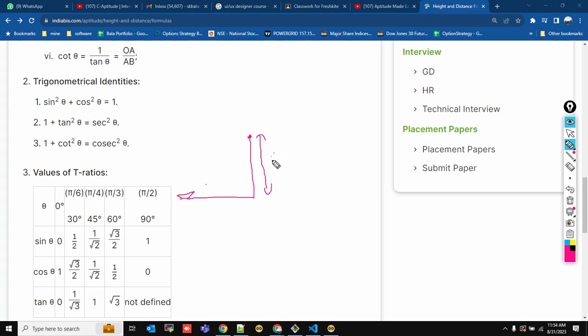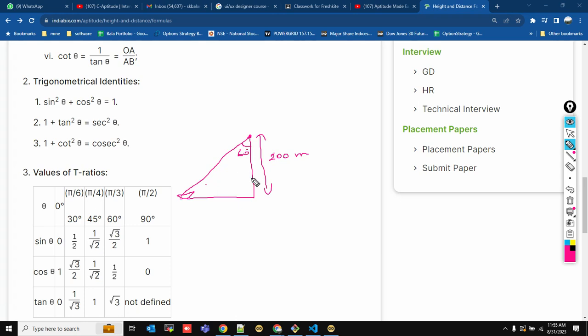Let's assume this height is probably 200 meters, and we need to know how far the ship is. You have a device, you are seeing the ship from here, and you know this angle. Let's assume this is 60 degrees.